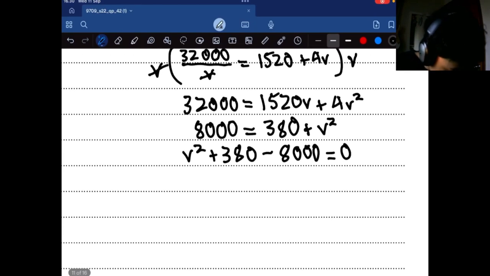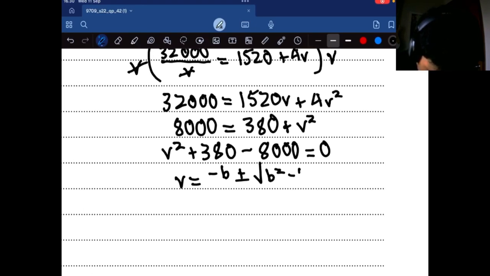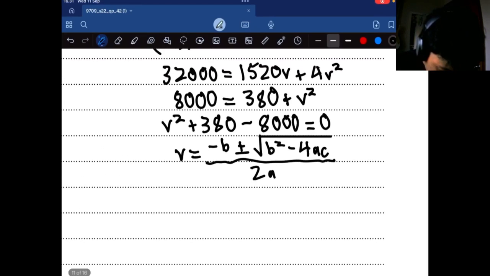Now we can use the formula V equals negative B plus minus square root of B squared minus 4AC, over 2A. Now we just input the values.